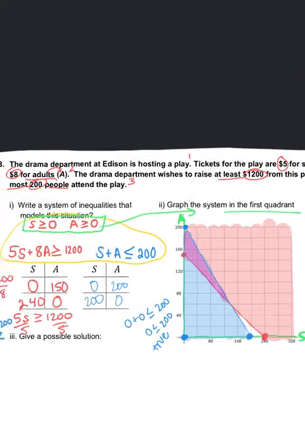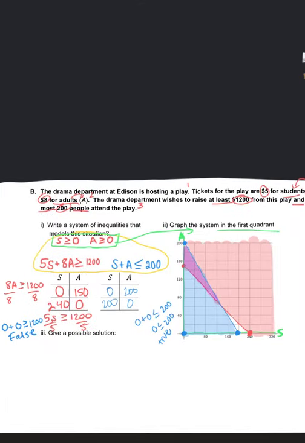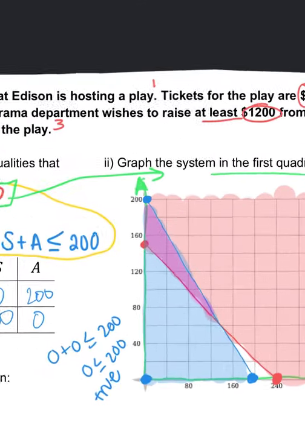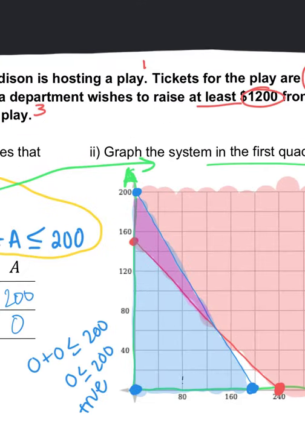Okay, so the last question of this problem is to give a possible solution. So let's see here. I want to pick a point inside the shaded region. Let's say I pick 80, so I'm going to go up 80, up 80, up 80. All of this doesn't work, all this doesn't work, but everything in here works.